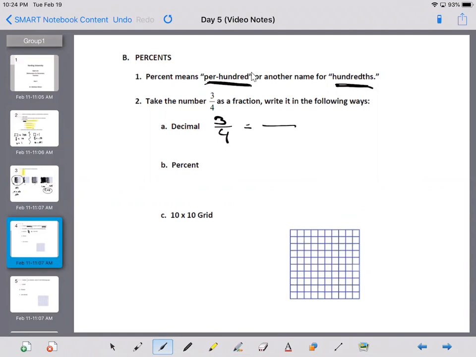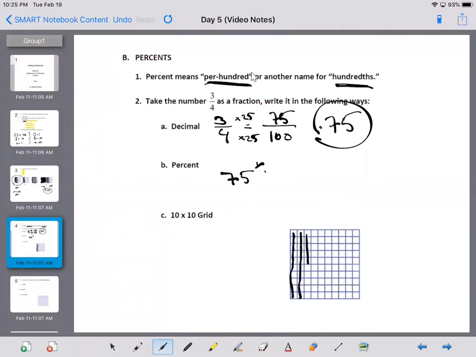And since 4 is a factor of 100, we could multiply it by 25, but we would have to multiply the numerator by 25, so that would give us 75 hundredths, or 75 hundredths is the decimal, and the percent would be 75%. And with the grid, you would want 7 longs and 5 hundredths.